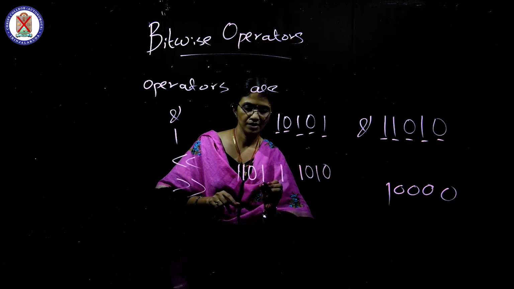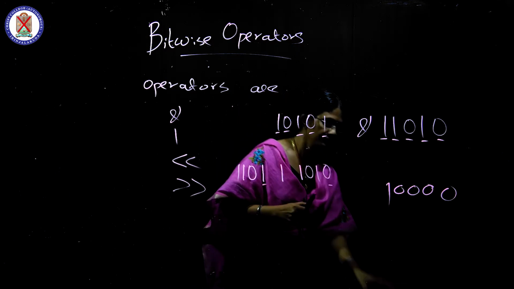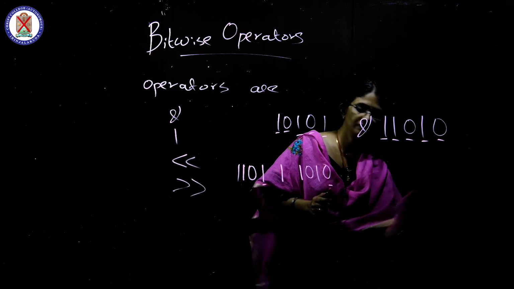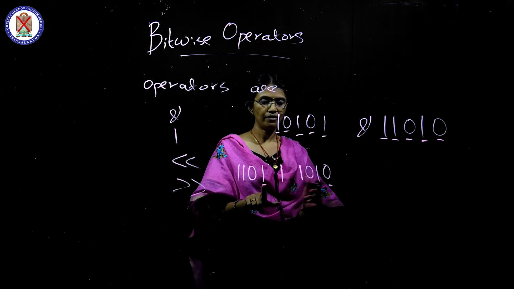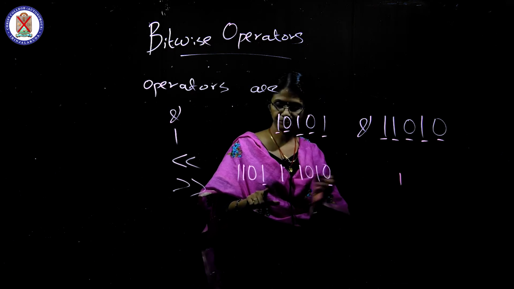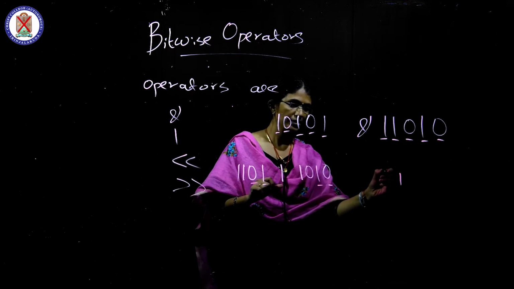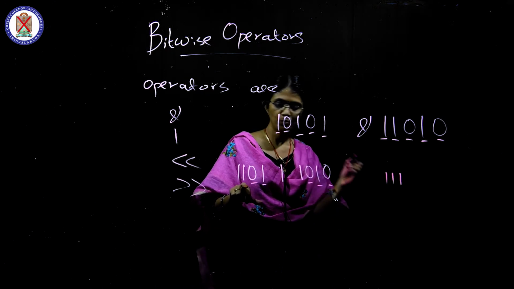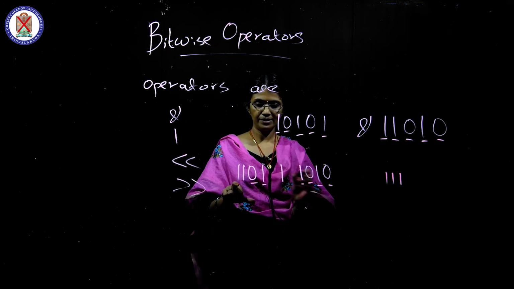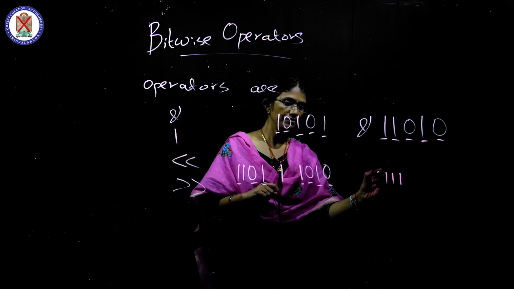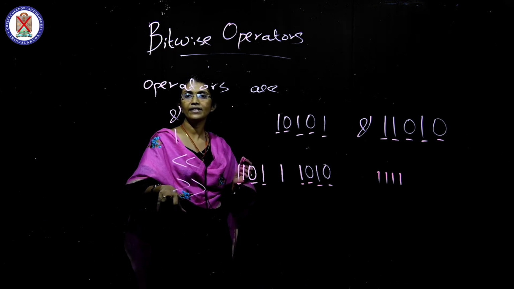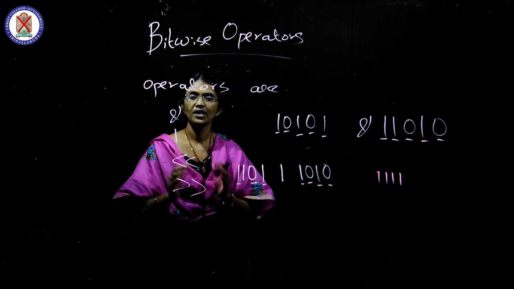Then it becomes 1 1 1 1. This is the result. Now we see what the shift operators are.